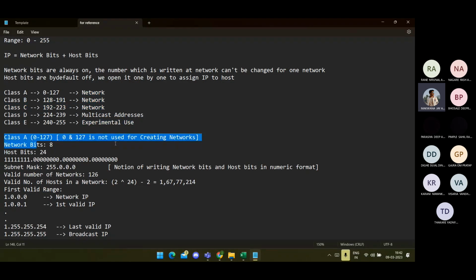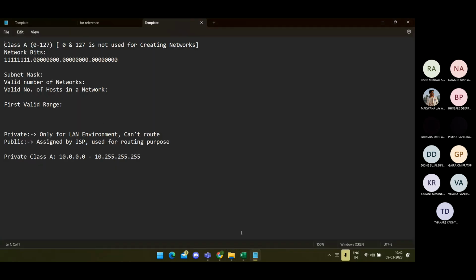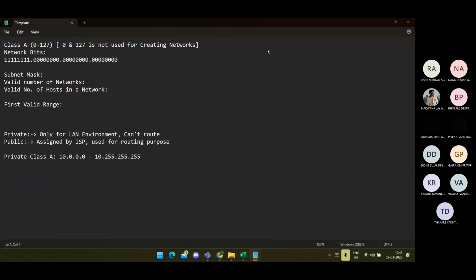Now in A class, as we have seen, one IP address can be divided into 4 parts, that is, 4 octets, right?